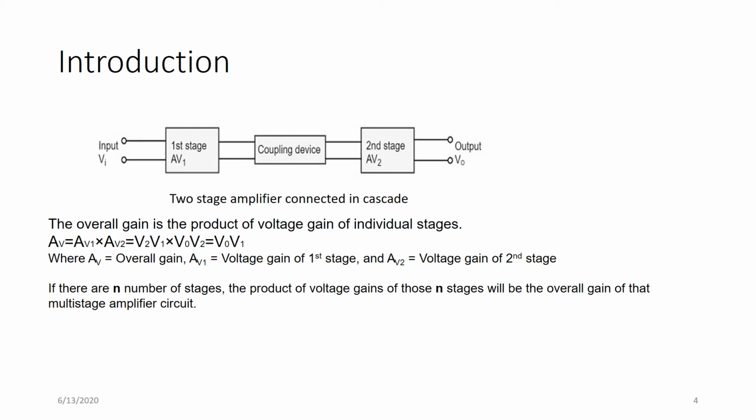So it's a product of V1 by Vin and V0 by V1, which is approximately equal to V0 by Vin. AV1 is the overall voltage gain of the first stage, AV2 is the overall voltage gain of the second stage. If there are n number of stages, the voltage gain of those stages will give the overall gain of that multi-stage amplifier circuit.